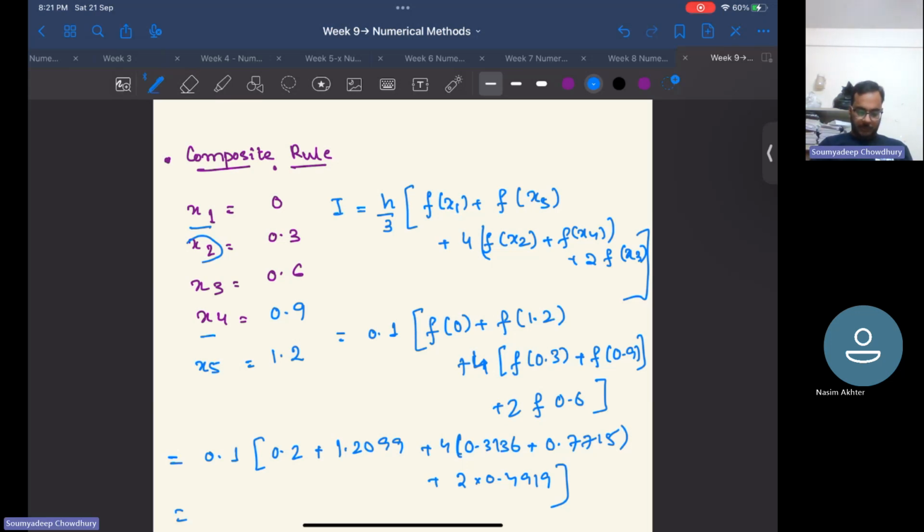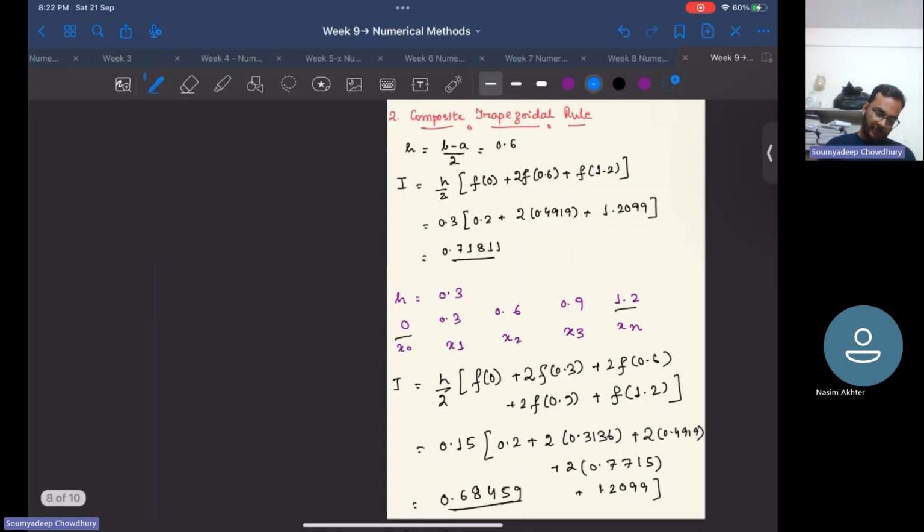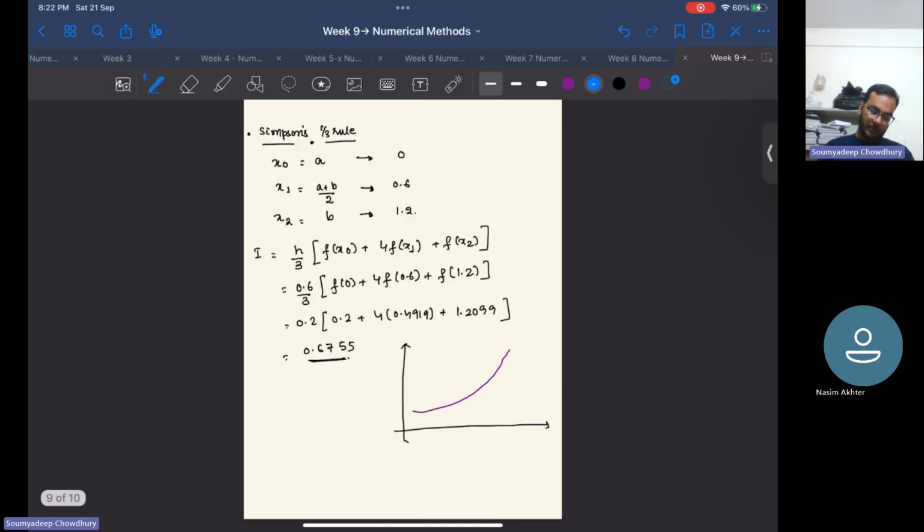If we do this, we get 0.67341. What was this one before? It was 0.675, and the actual was 0.67328.